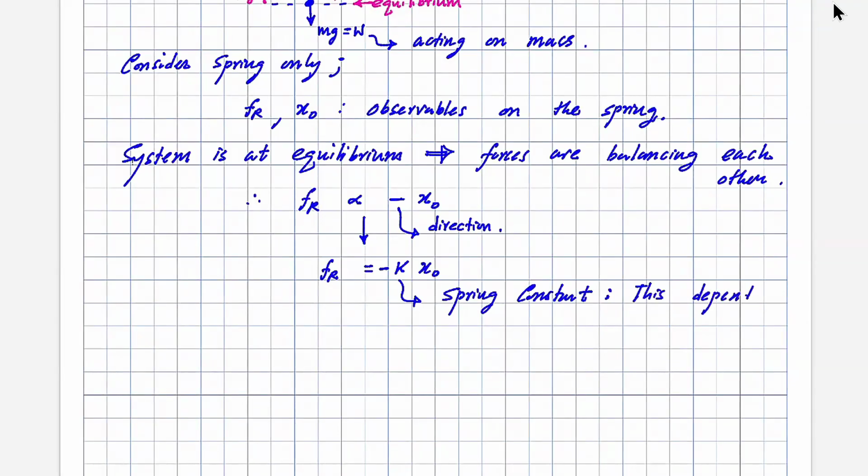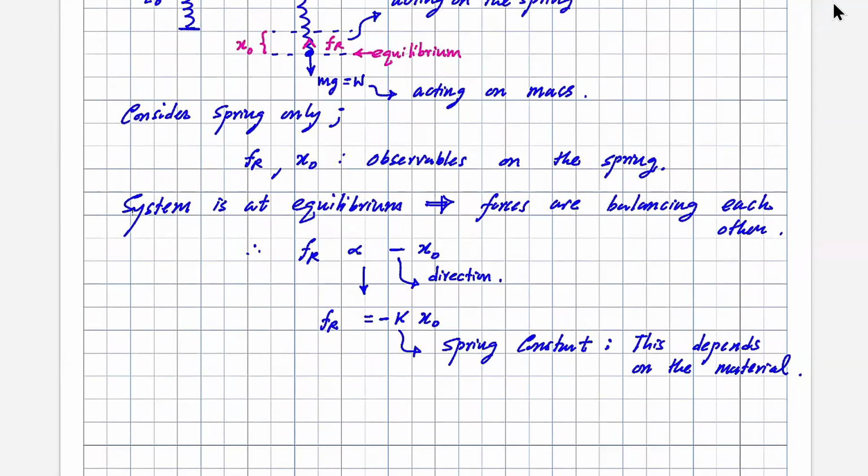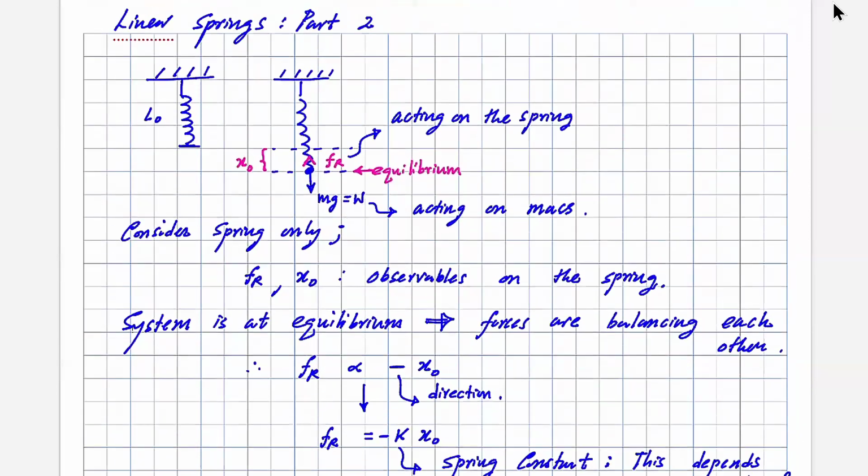The spring constant depends on the material. It's a material dependent constant. For copper, for brass, for iron, this k value is different, and x0, Fr values are different accordingly. Okay, so this is what we discussed in part 1.